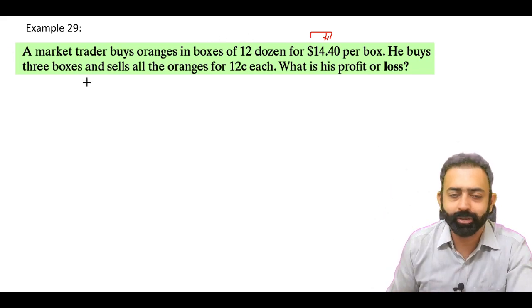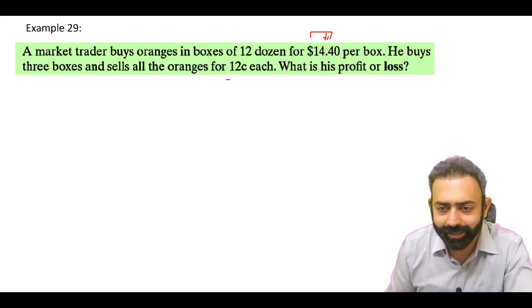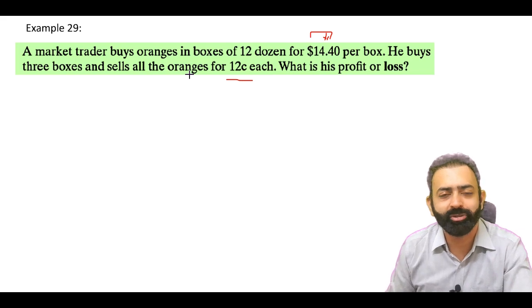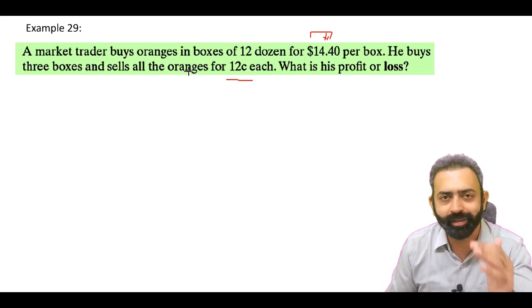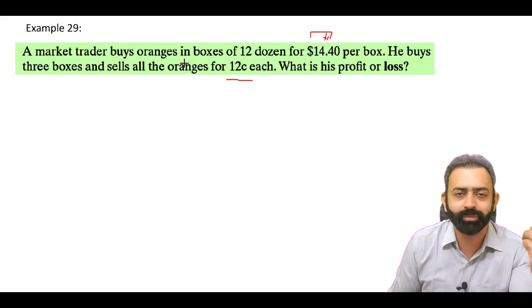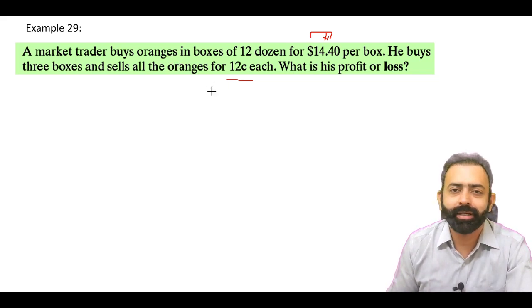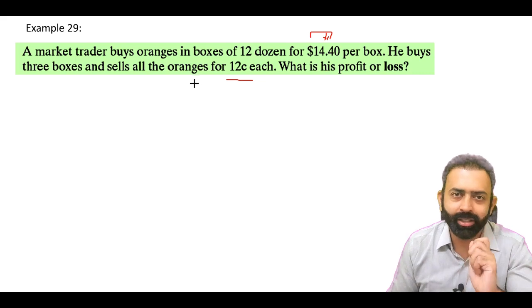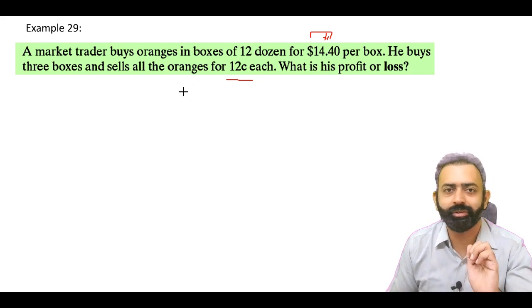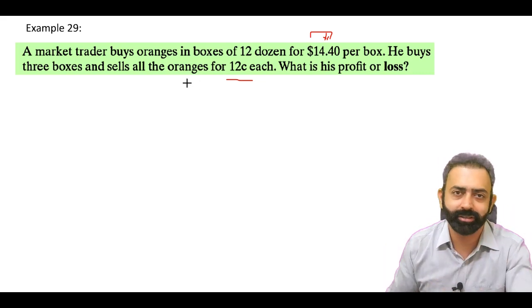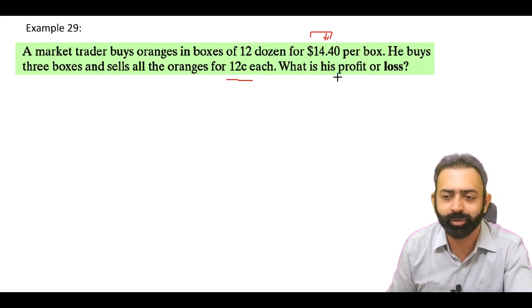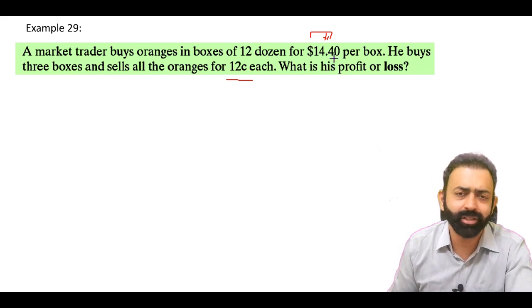Now he buys 3 boxes and sells all the oranges for 12 cents each. How is this question a bit higher compared to the previous classes? The selling price is given for a single orange and the cost price is given for 144 oranges. So what is his profit or loss? There are 2 ways.